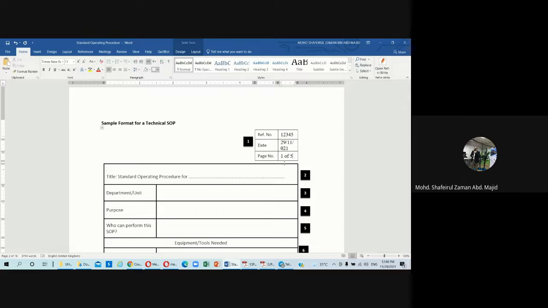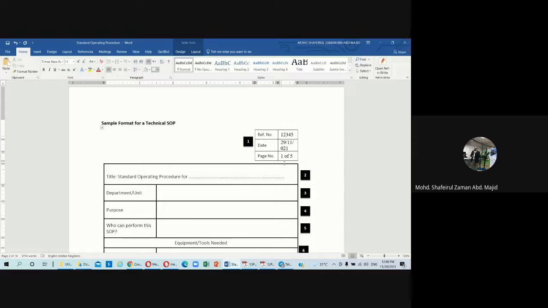When you move to the next page, the second page, it is going to be page 2 of 5, then 3 of 5, 4 of 5, and 5 of 5.